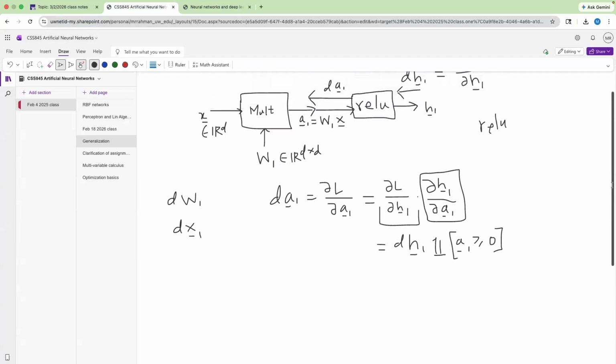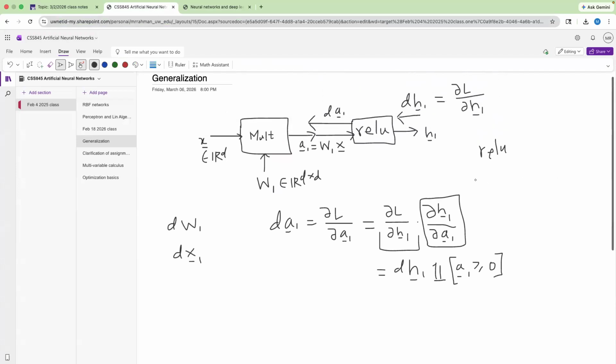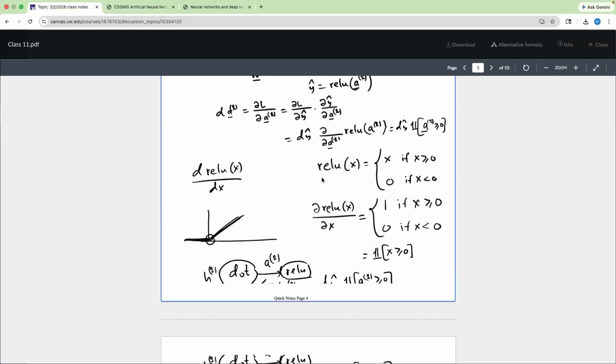The ReLU is a pointwise operation, right? So if x is a vector, then x greater or equal to 0 means that you run ReLU through all the inputs in the vector, and for each one you individually compute whether it is greater or equal to 0 or not.